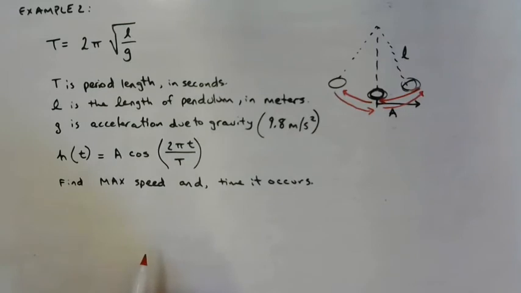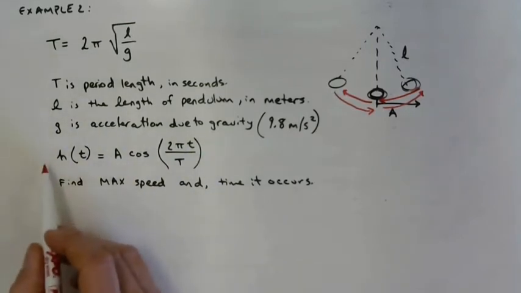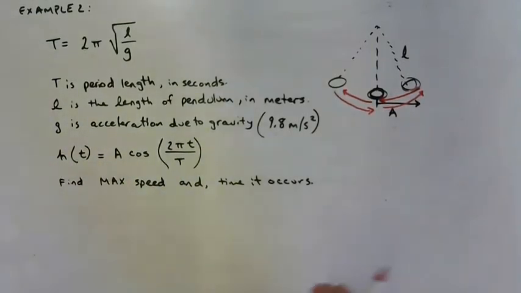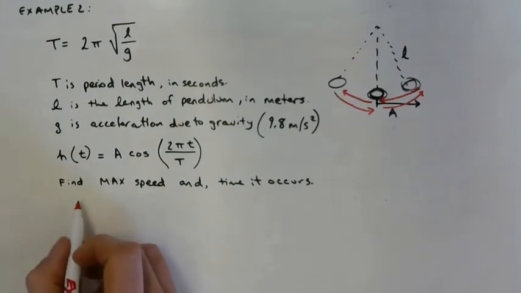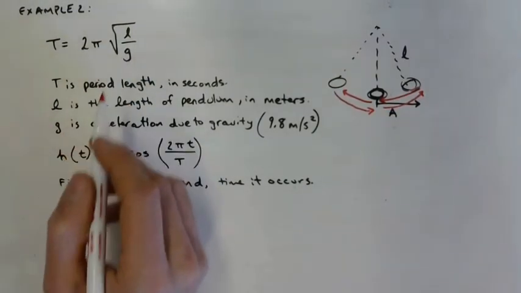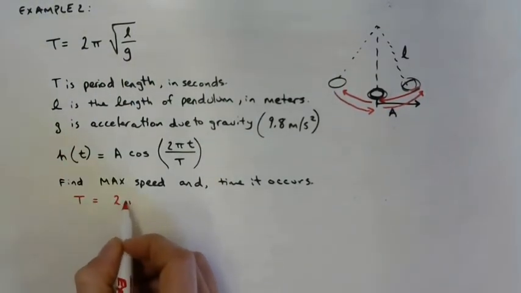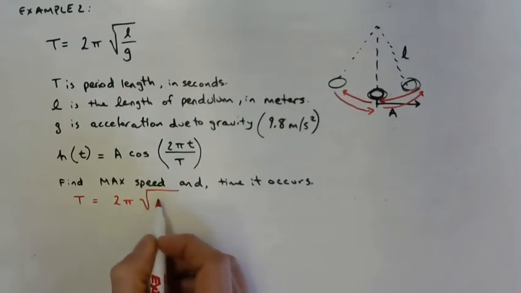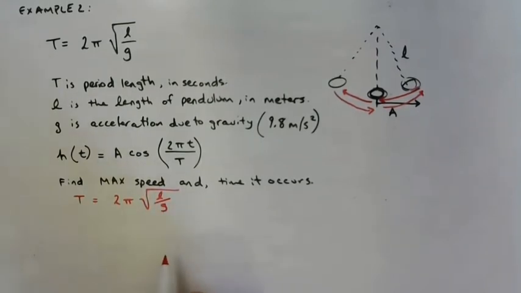So here we go. First, we're going to take this function that they've given us, and we're going to find its period length. So period is T, and we already have the function for T. T is 2 pi radical L over g. And we can sub in what we know.